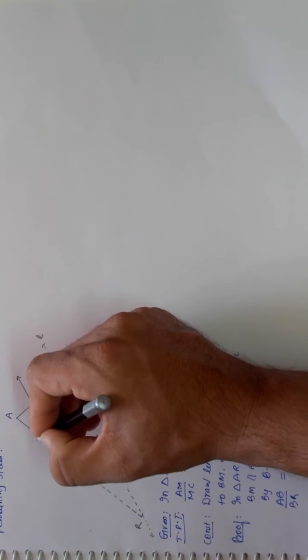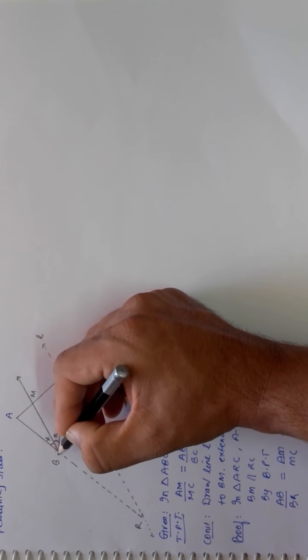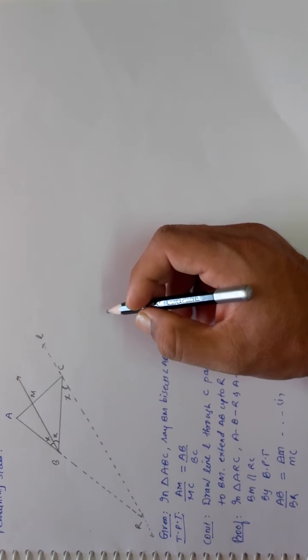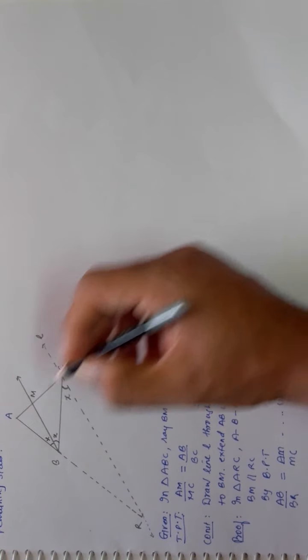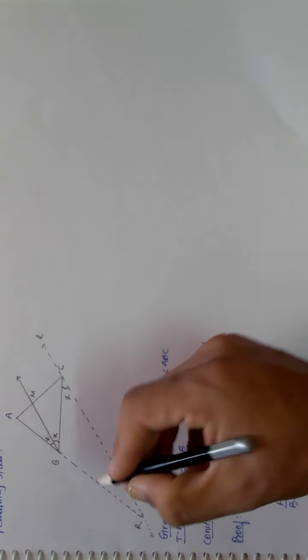So BRC is either this x or this x. So wait, let me see this x, ABM. Right? ABM and this ARC are corresponding angles. If lines are parallel, these corresponding angles will be congruent, and the lines are already parallel, so this angle is already x.